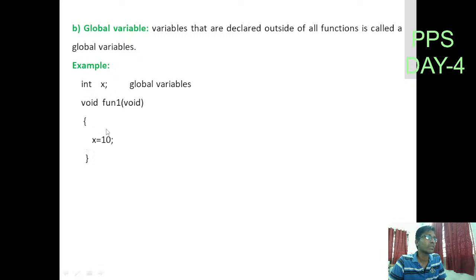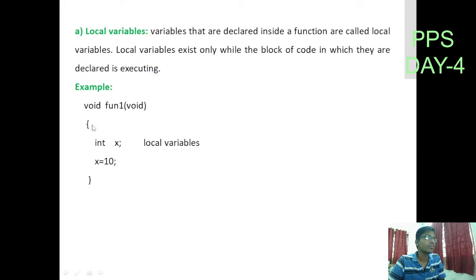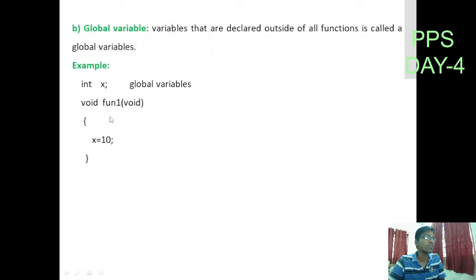Whereas in local variables, the scope is within the block only, and whenever the block ends, the lifetime of variable x expires. So that is for local variables, and this is for global variables. Whenever the program is completed, only then the lifetime of the global variable is going to expire. So that is about global variables.